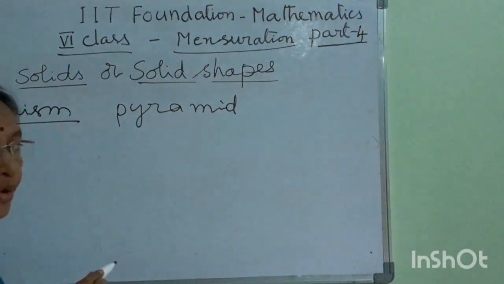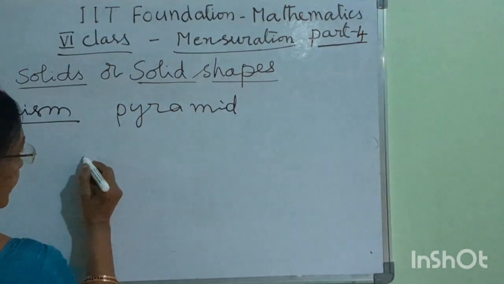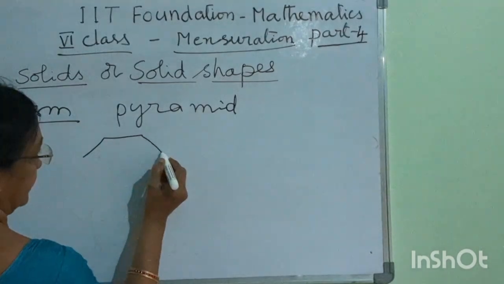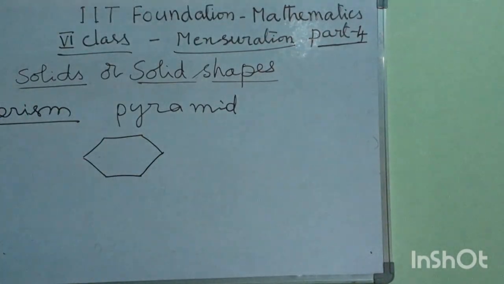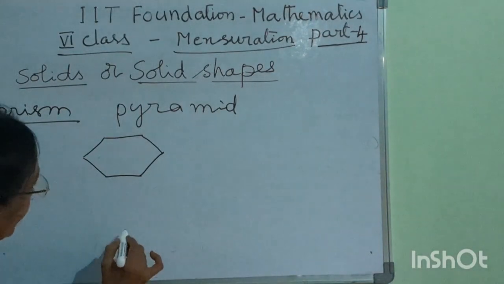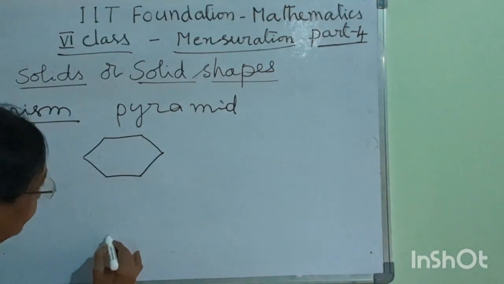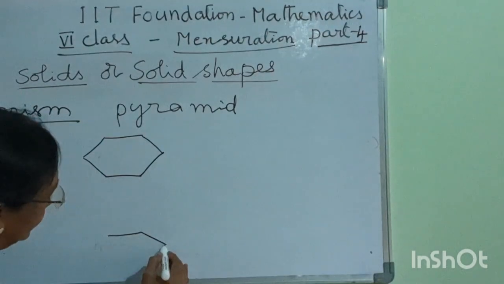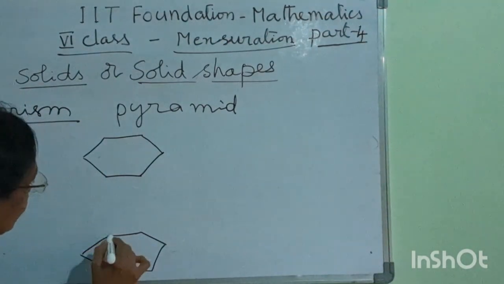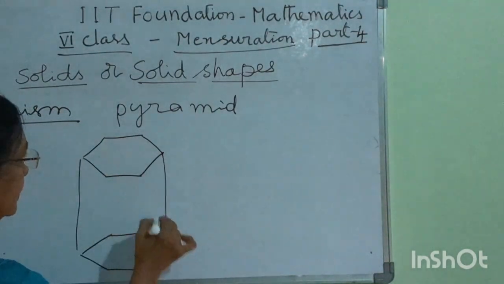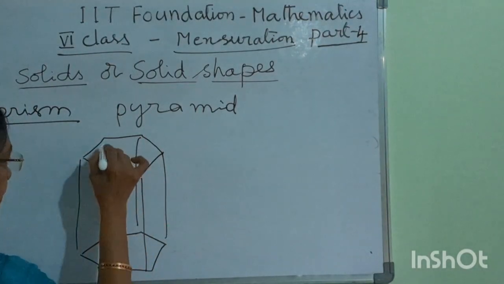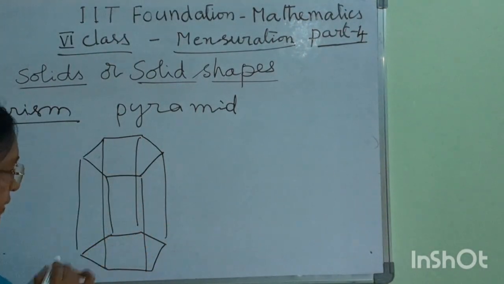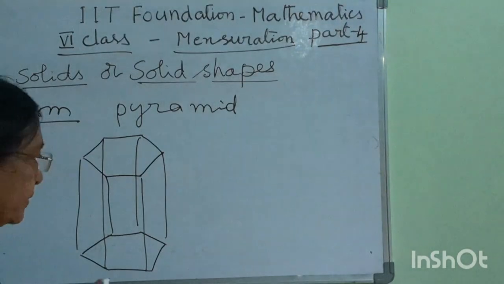Now I will try to draw a hexagonal pyramid. This is a hexagonal, 6-sided figure. I will draw a hexagonal prism.